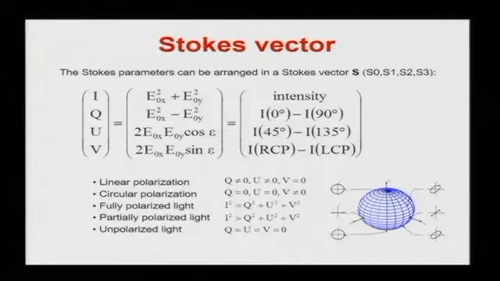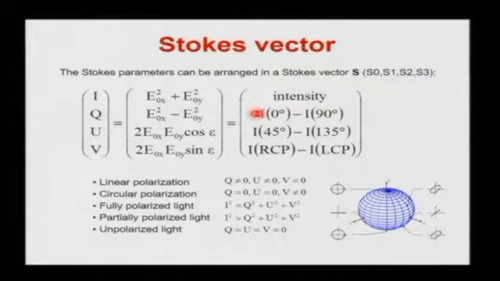And thus, we use the so-called Stokes vector formalism when we consider how the polarization is changed during propagation through the medium. Just to remind you what the Stokes parameters are, they come from the way polarization is measured. When we consider X and Y components, their sum we call the total intensity.